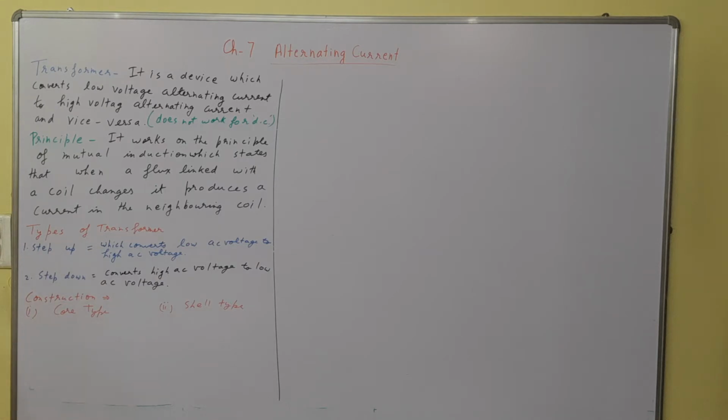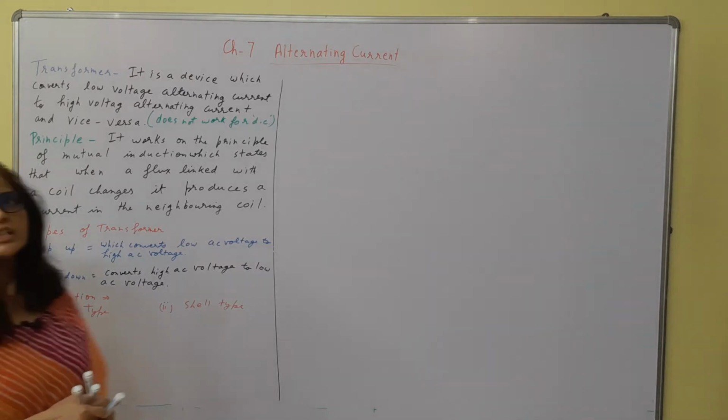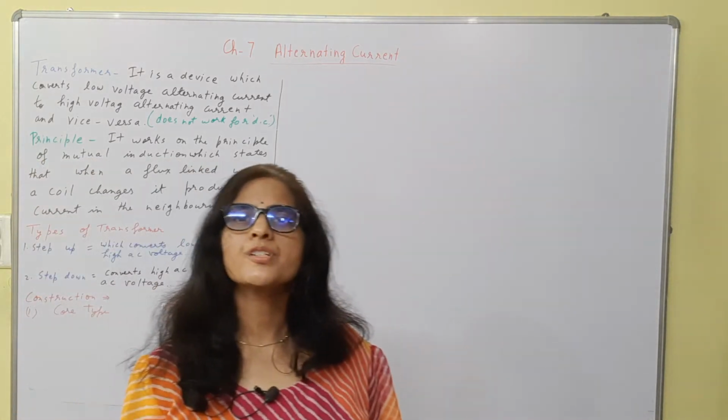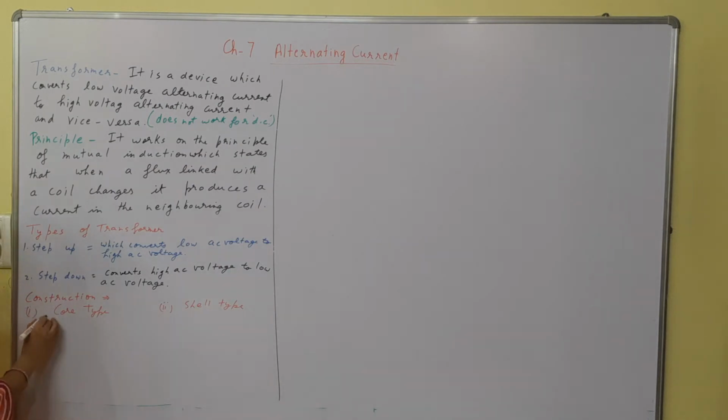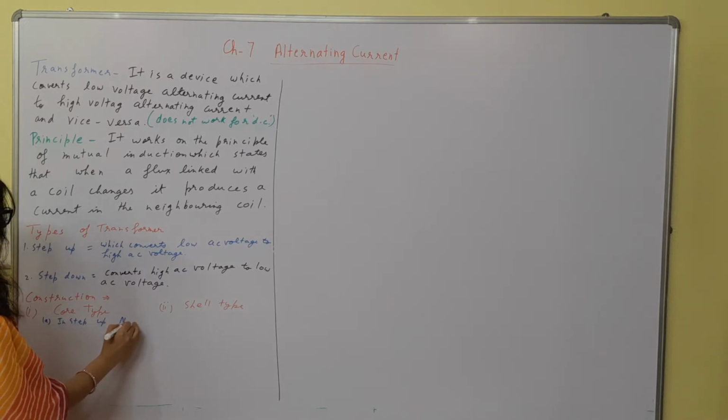I'll draw this diagram for step up transformer and I'll tell you how to draw it for step down, because sometimes the question is asked separately to draw it for step up or step down. So if I'm drawing it for step up, in step up, the number of turns in secondary is greater than the number of turns in primary.